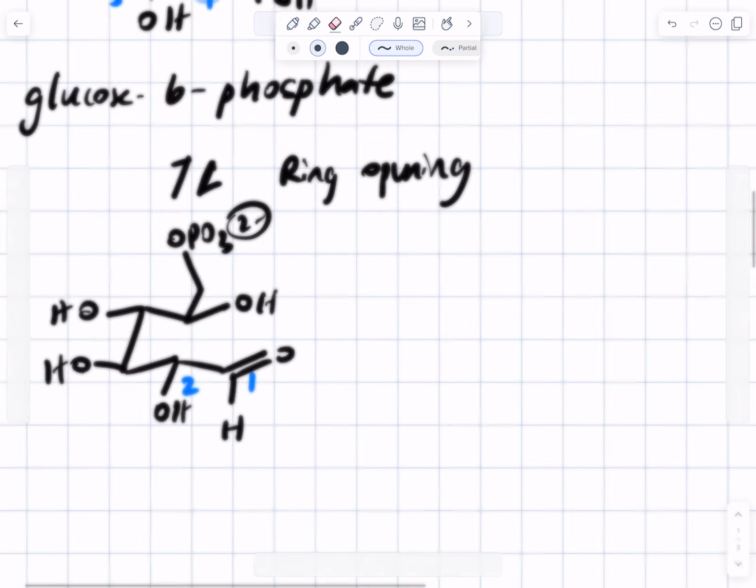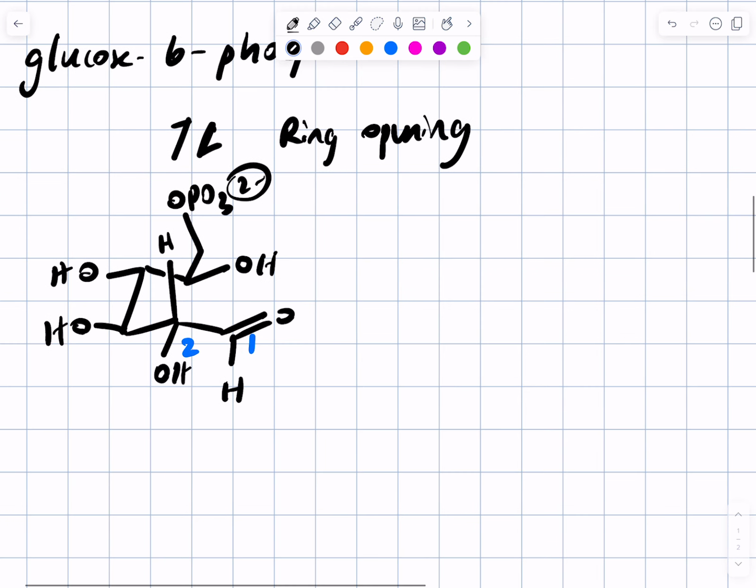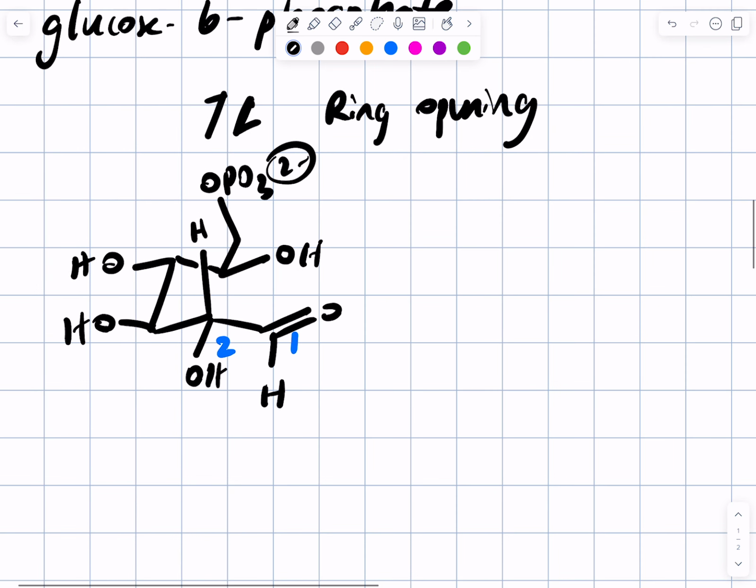What we're going to do is do keto-enol tautomerization. Now, you've seen that before a ton of times. You know that each ketone or aldehyde has a less stable enol form, because carbon-carbon pi bonds are less stable than carbon-oxygen pi bonds. And to get from the keto form to the enol form, you simply need to deprotonate on the alpha carbon and then reprotonate on the carbonyl oxygen.